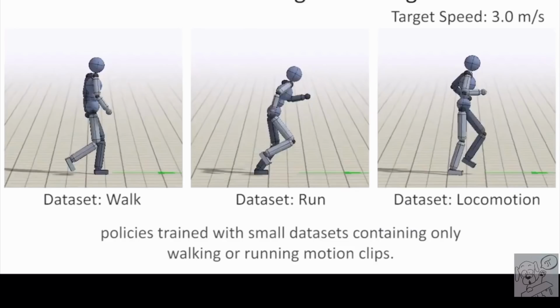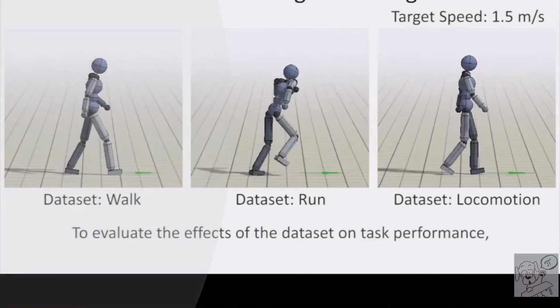And they're all told to reach that given target speed. However, the agent on the left only has been provided with a data set of people just walking. The agent in the middle, the same, but it has only received a data set of just agents running, so no walking. And on the right, this agent has received a data set of agents walking and running.